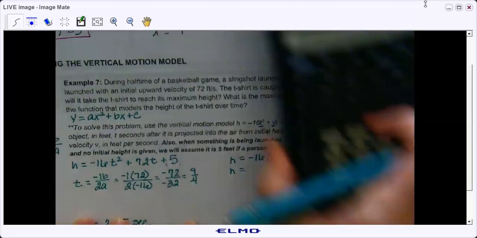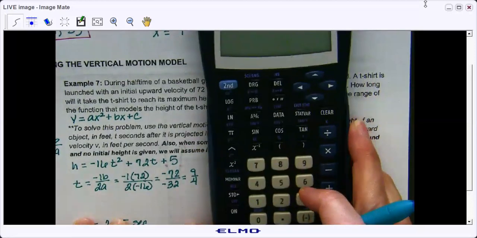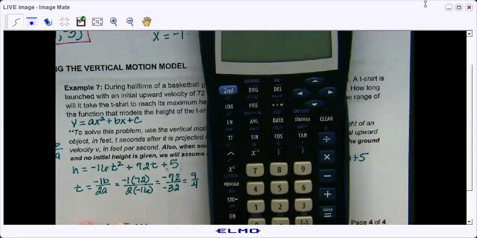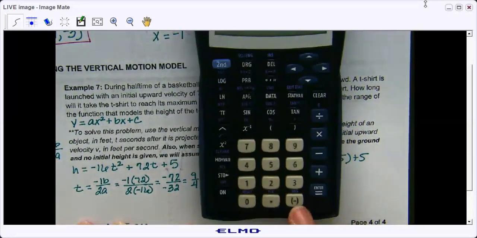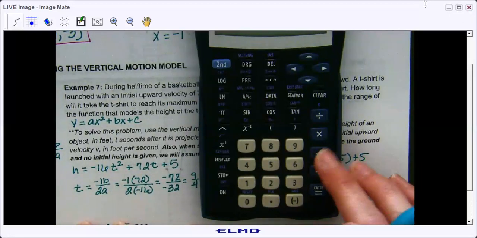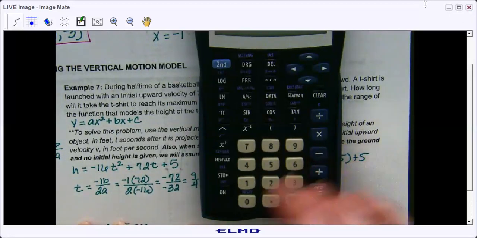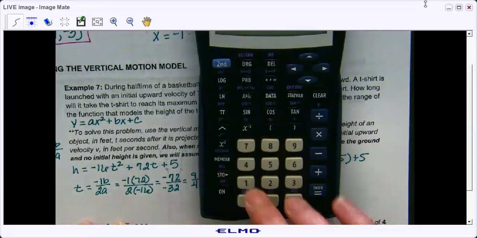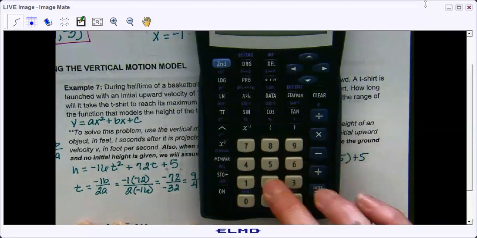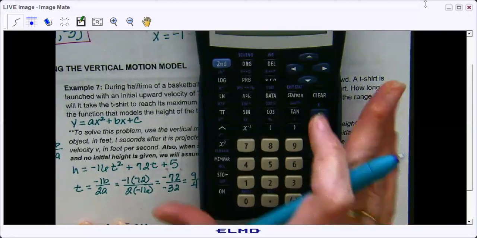So -16. Now, if you're using a regular calculator, there is a difference between the negative symbol and the subtraction symbol. So right here, I'm using this. This is the negative symbol. This is subtraction. You don't want to use the subtraction symbol because then it will subtract it rather than multiply. So -16 times 2.25 is -36.